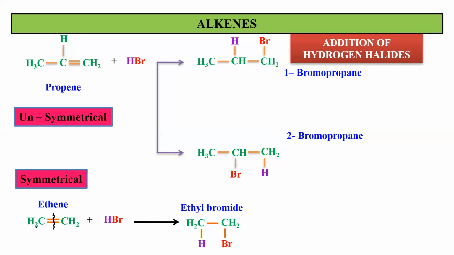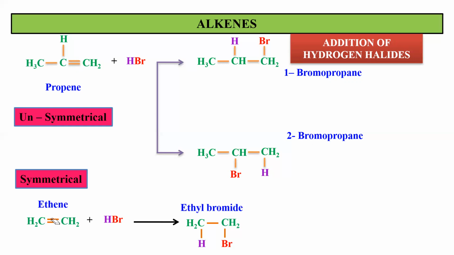Therefore, this alkene is referred to as a symmetrical alkene. Whereas if you break propene, on this side you have the carbon group CH, CH3, and on the right hand side you have only one carbon group, which is CH2. So definitely this alkene is an unsymmetrical alkene, whereas ethene is a symmetrical alkene. So the first thing to understand is what symmetrical and unsymmetrical mean.